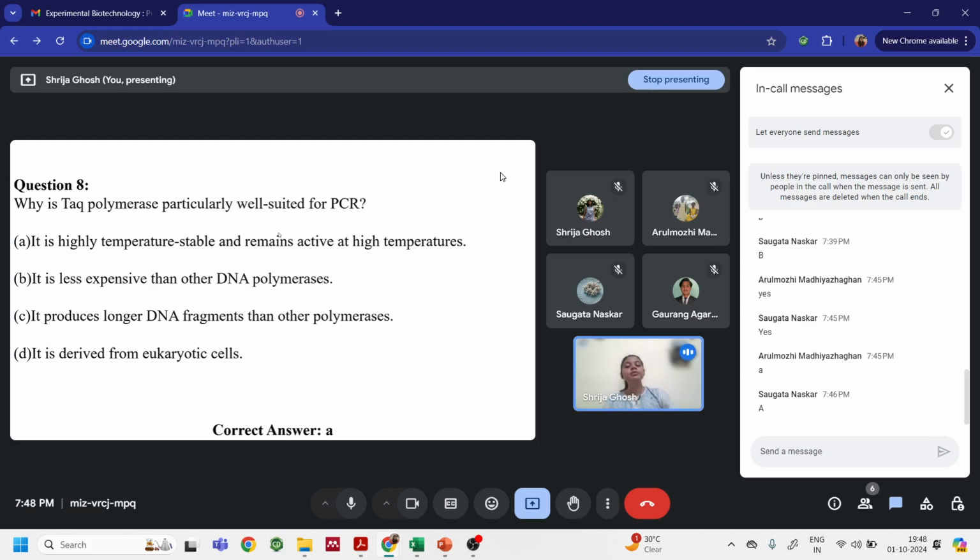So that was the idea that was used, and people isolated a polymerase from a thermophilic bacteria, that was Taq polymerase, isolated from the bacteria Thermus aquaticus.